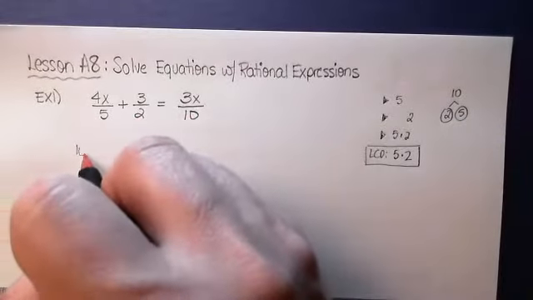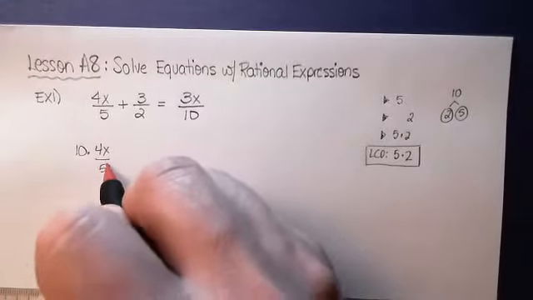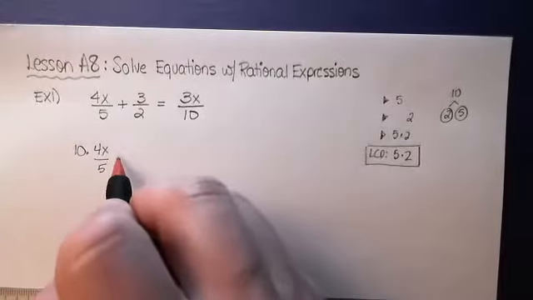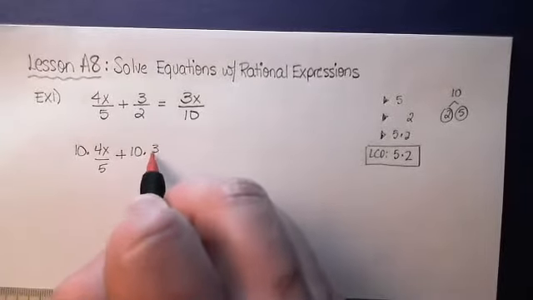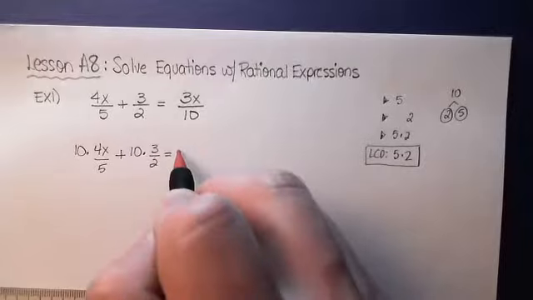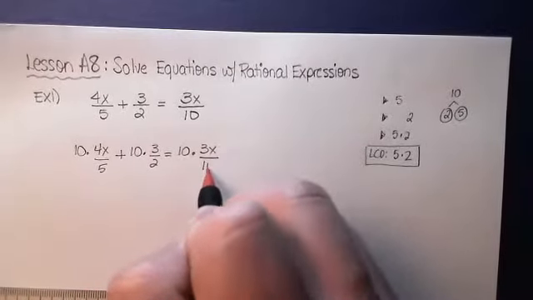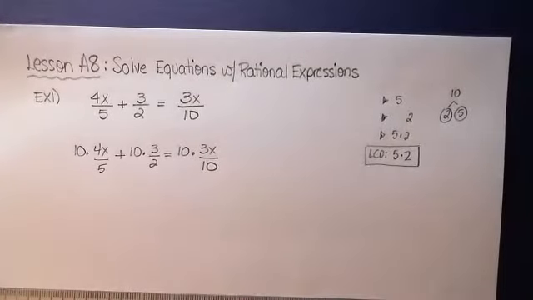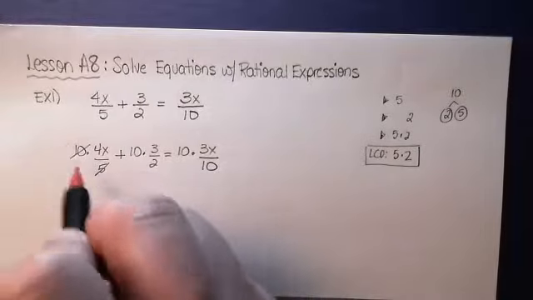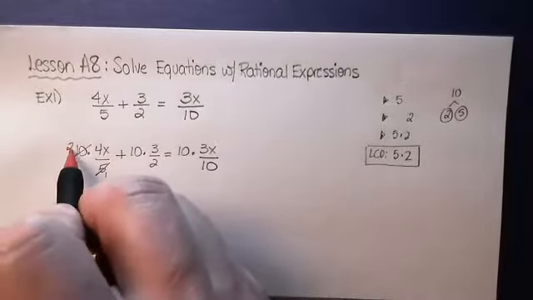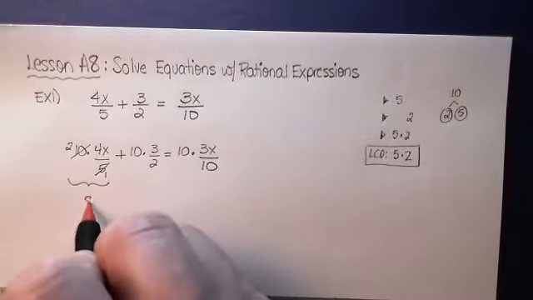So I'm going to write 10 times 4x over 5 plus 10 times 3 over 2 equals 10 times 3x over 10. Now I'm going to do the multiplication. 5 cancels with the 10. 5 goes into 5 one time, 5 goes into 10 two times. So 2 times 4x gives me 8x.